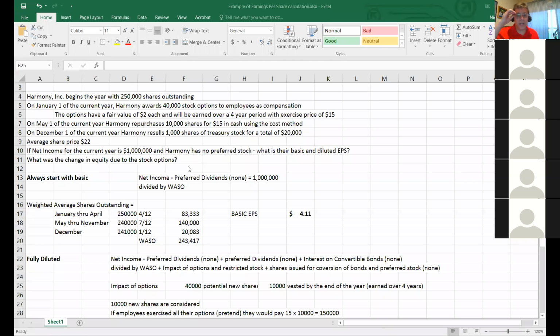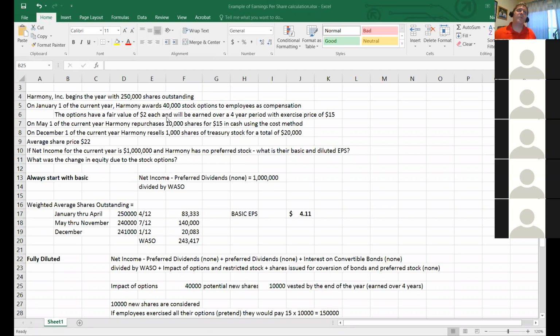All right. So you should see an Excel spreadsheet, and this is already posted in the materials. This is mostly to show us how we deal with earnings per share and calculating earnings per share.